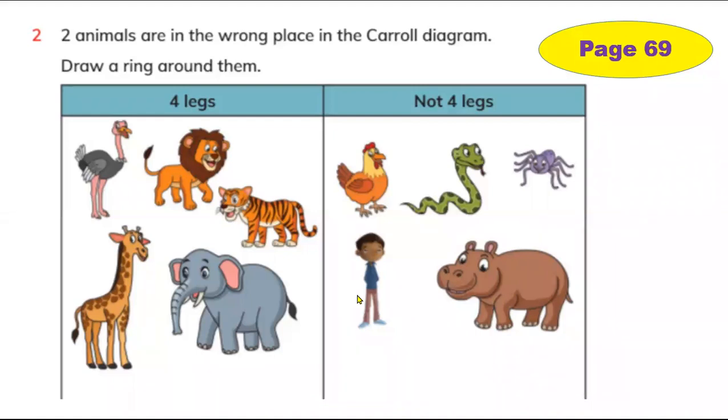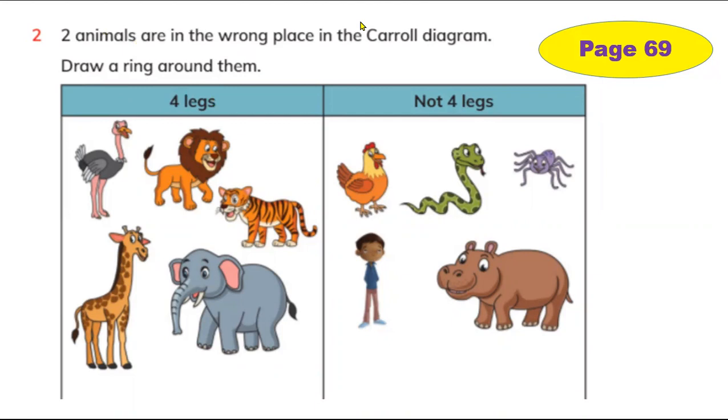In this Carroll diagram, the animals that have four legs we sort here, and the animals that do not have four legs we sort here. So look at both columns and check which two animals are in the wrong place. Okay, draw a ring, draw a circle around them.